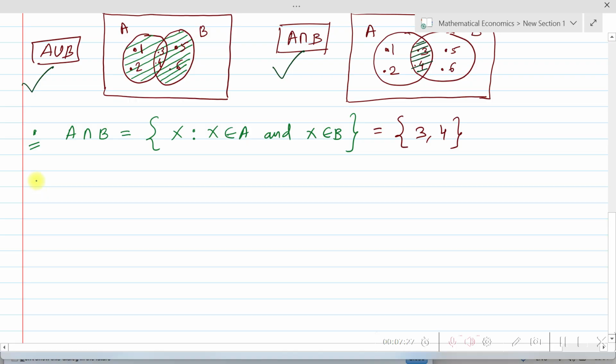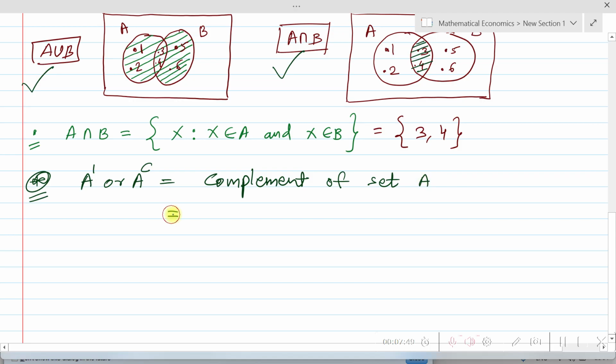Another set operation that we need to understand is complement of set A, that is A dash or A^C. This is known as complement of set A. Now how do we define this?